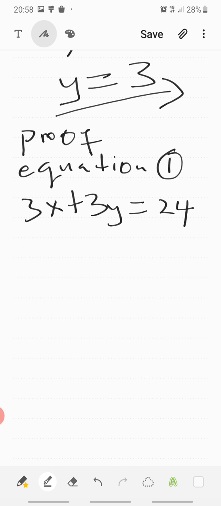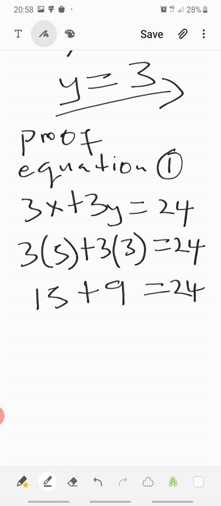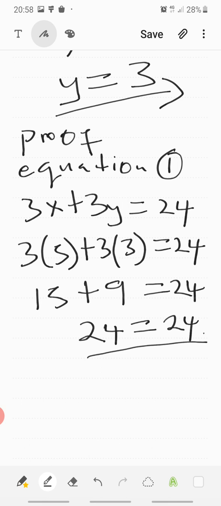If we substitute our values of x, which is 5, and y, which is 3, so basically 15 plus 9 is equal to 24. Therefore 24 is equal to 24, which means our answer in the first equation proves to be right.